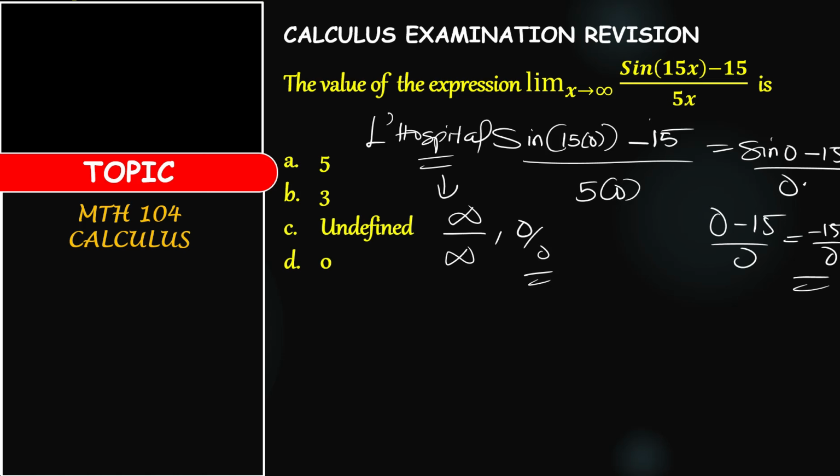Are you getting it? And if you use the other way I'm thinking, I've solved it before, the answer is going to give us minus 2.8, which is still not part of the options. So I'd better go with undefined instead of 0. It is undefined. All right.